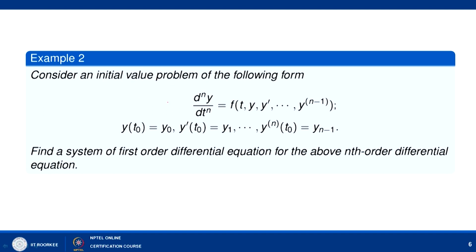So, here the differential equation is given as this, d^n y by dt^n equal to f(t, y, y dash, up to y^(n-1)), along with the initial conditions, that is y(t naught) equal to y naught, y dash(t naught) equal to y1, and y^(n-1)(t naught) equal to y_(n-1). So, this is the nth order differential equation, and we want to convert this to a system of first order differential equations, and let us see how we can do this.